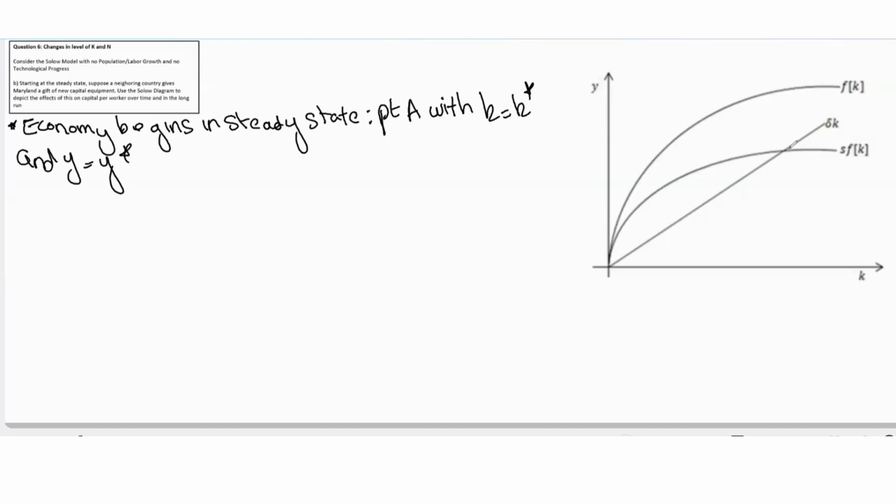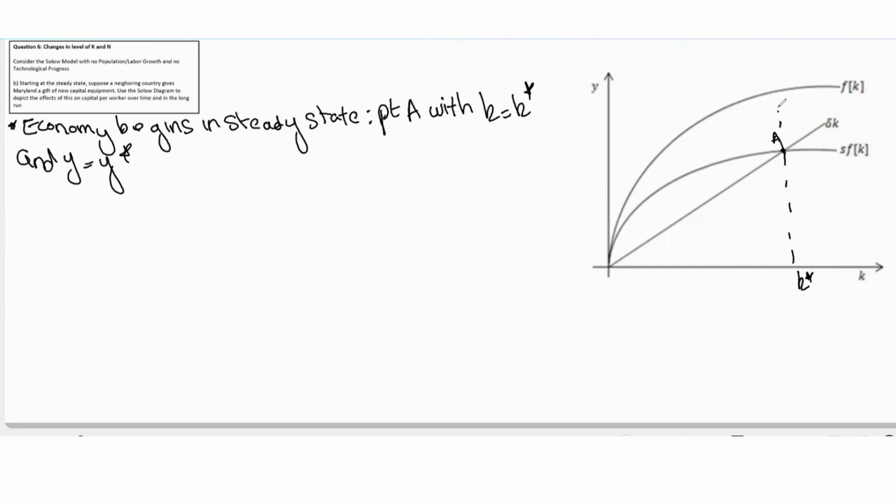In this basic Solow model, the steady state level of capital per worker occurs at the intersection of our depreciation per worker line and our investment per worker curve. So this is point A, and this is the steady state level of K.